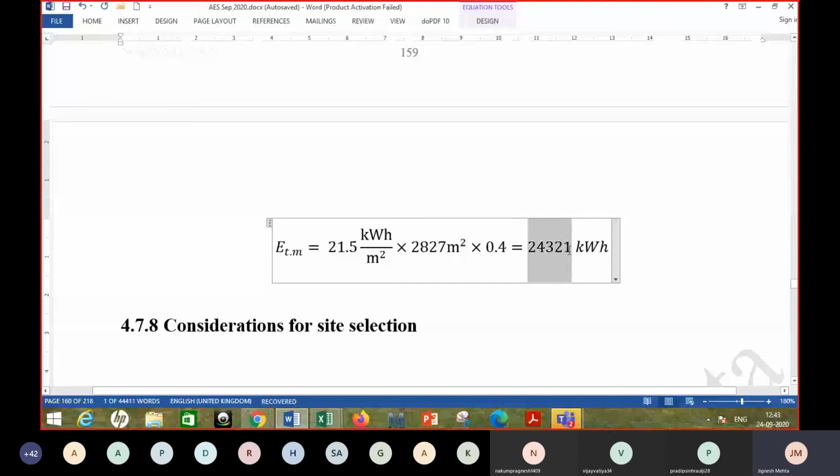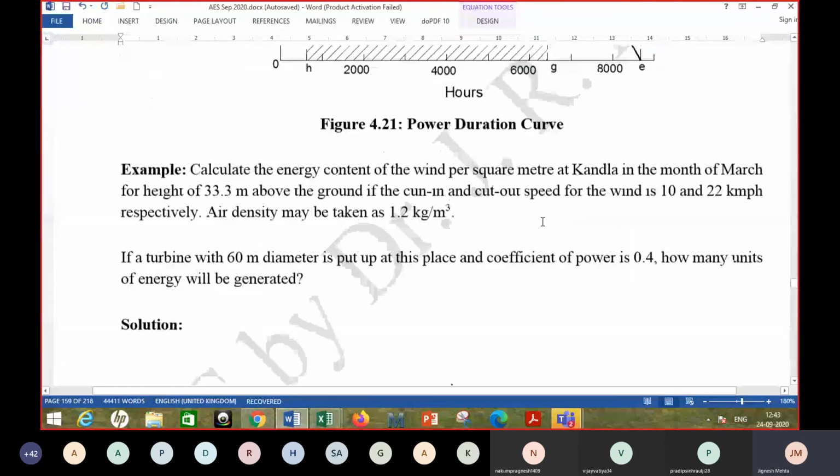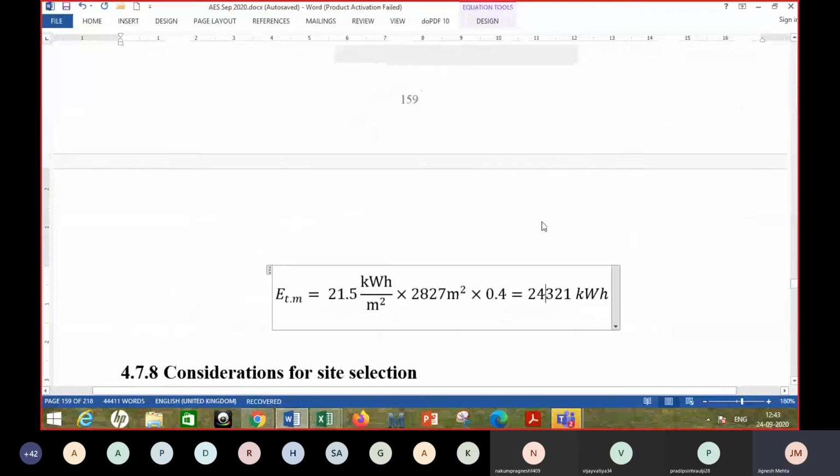So you will be producing 24,321 kilowatt hour, or this many units of energy will be produced by this turbine in the month of March for the velocity range 10 to 22, right?